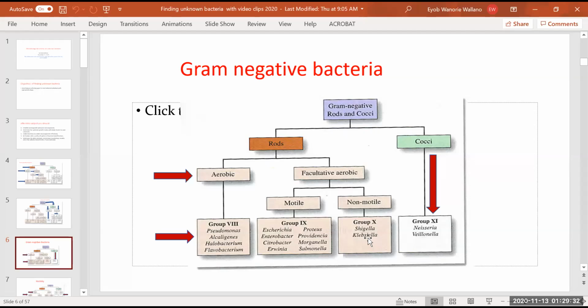Now, is there another one? For example, the cocci group. Did we study Neisseria? No. Did we study Veillonella? No. So you ignore this one. Look now. Neisseria is the one which we said looks like coffee beans, and it is a gram-negative bacteria which is going to cause gonorrhea.